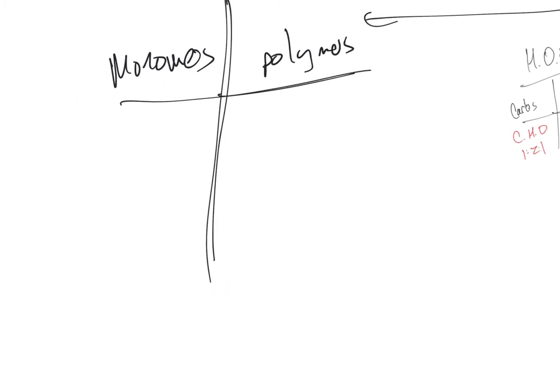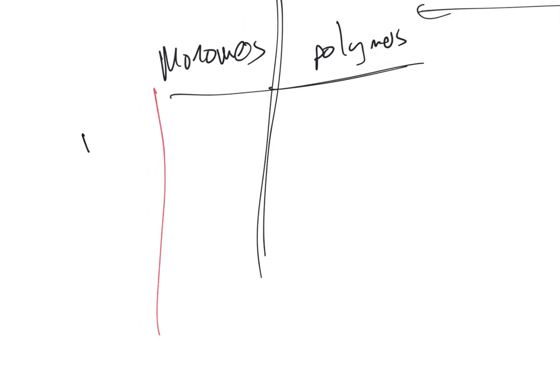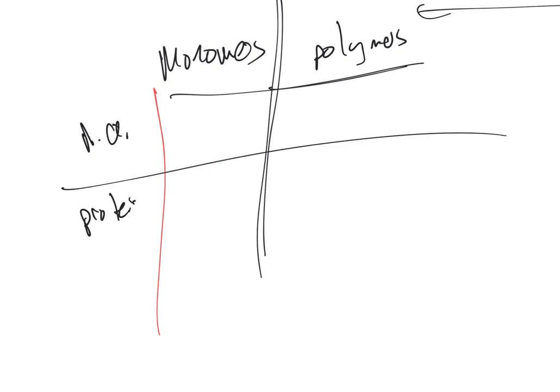So make another chart over here. Now, we have nucleic acid, we have protein, and we have sugar. No lipids. There's no monomer or polymer for lipid.